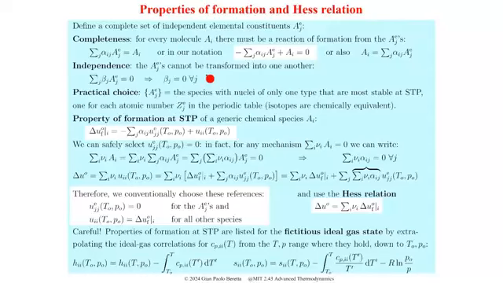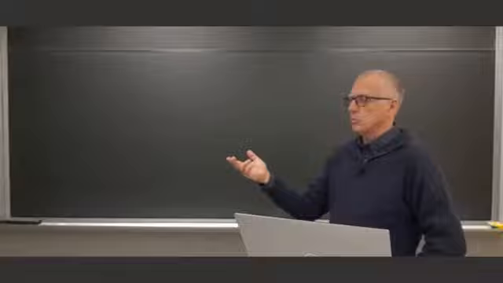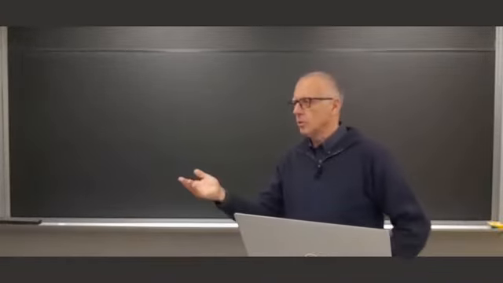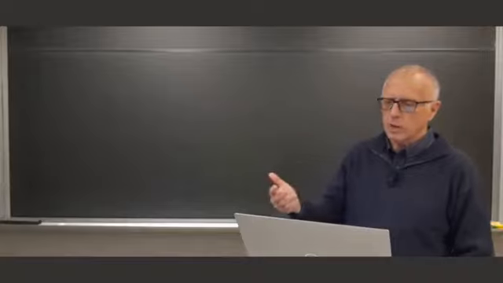That condition is written by saying that if you ever write a chemical reaction that involves only elemental species, that reaction has to be identically trivial, so 0. So all the stoichiometric coefficients must be 0. Otherwise, it would be possible to transform lead into gold, like instead of chemistry, you do alchemy.